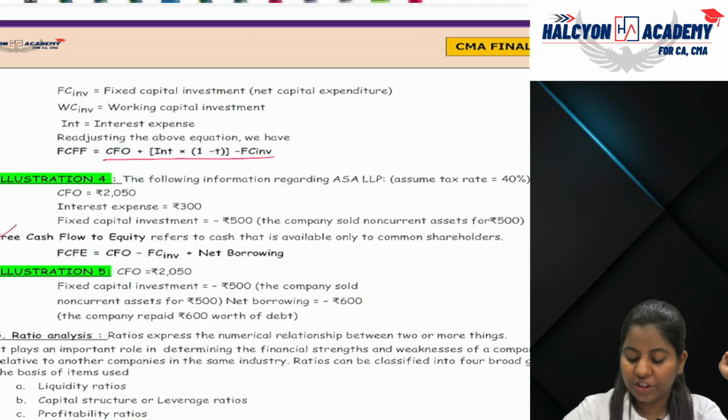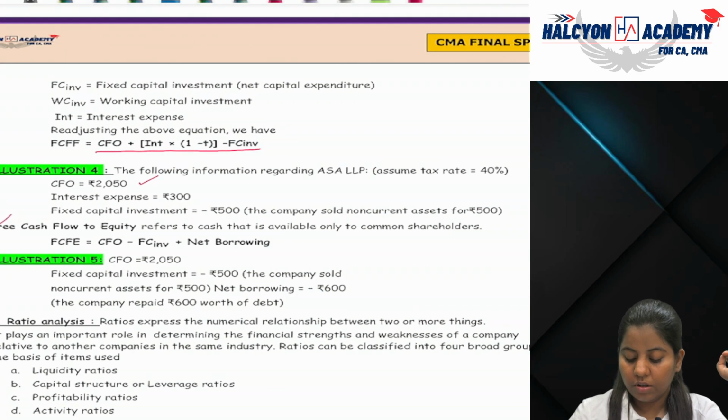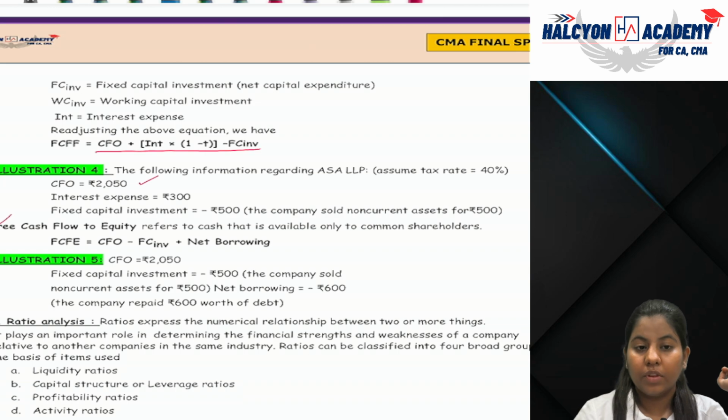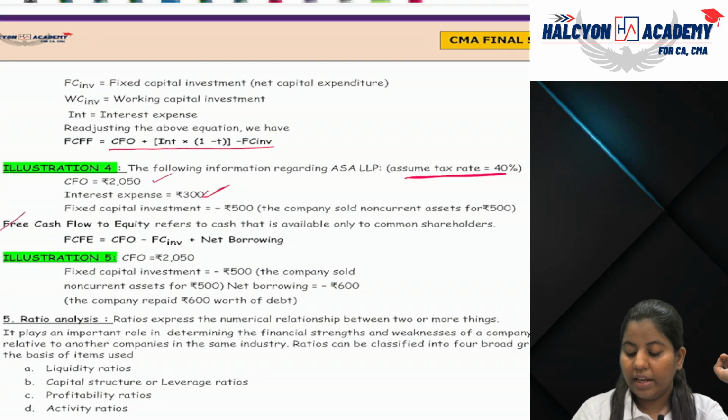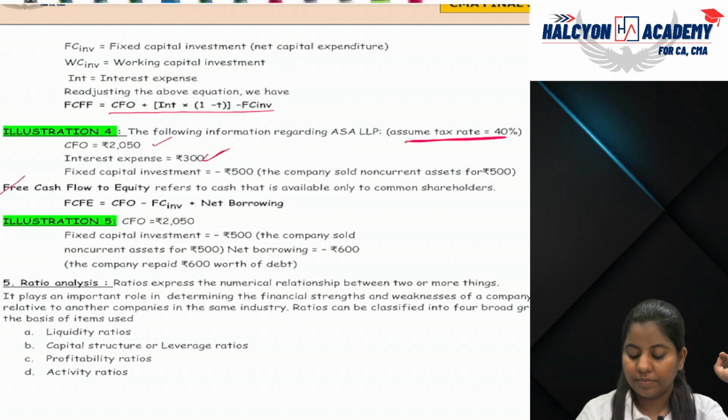Cash flow from operations is rupees 2050. Then interest expenses are given, that is 300 rupees. Also tax rate is given. So when we take interest, we will take tax also. Interest net of tax. Then fixed capital investment.